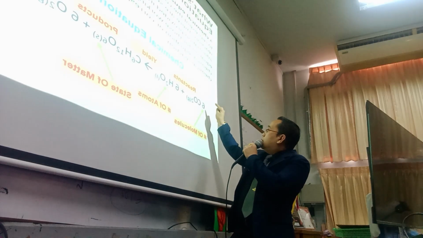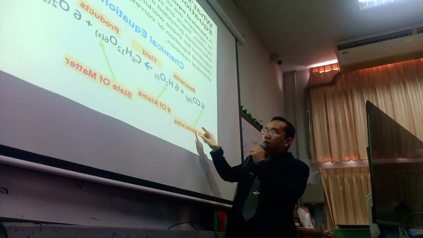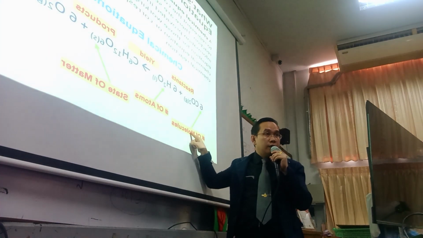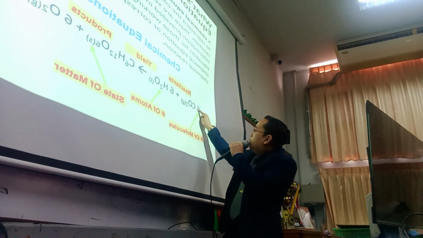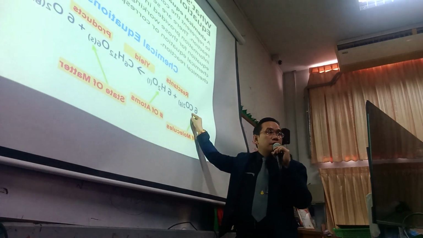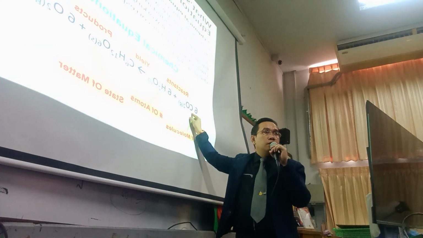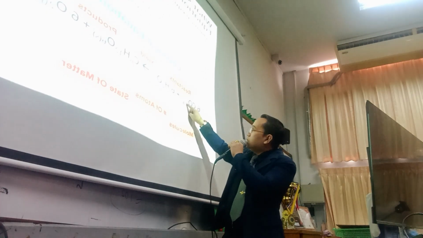So this number, what we call molecules, am I right? This number written before is what we call the coefficient, followed by the first compound with a combination of two or more elements. And what is this number?